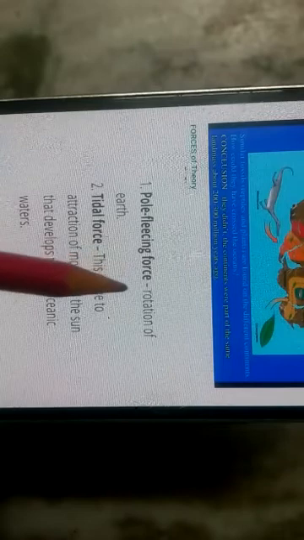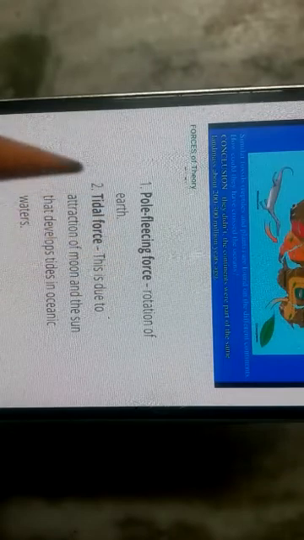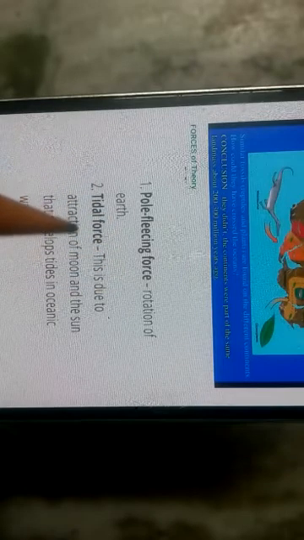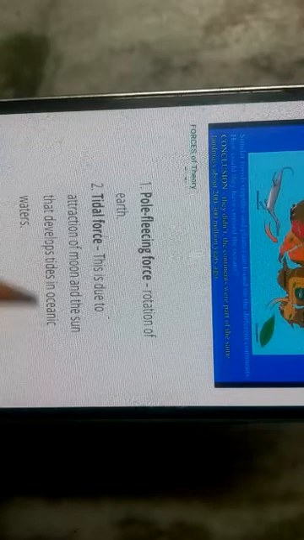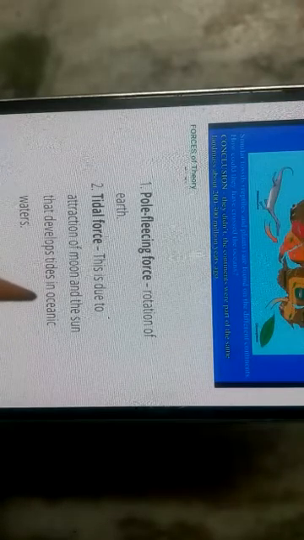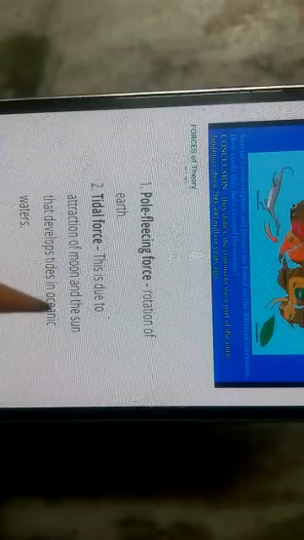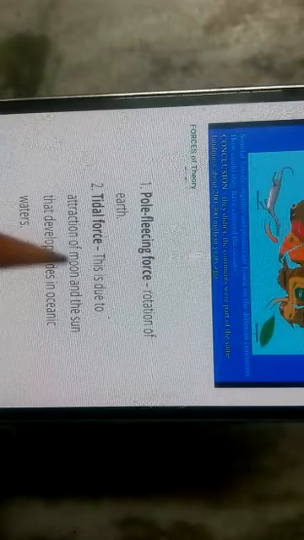Polar fleeing means the rotation of the earth. Due to the rotation of the earth, there is a centrifugal force, the force which moves from the center to the outer area. Due to this cause, Pangea divided into different parts.